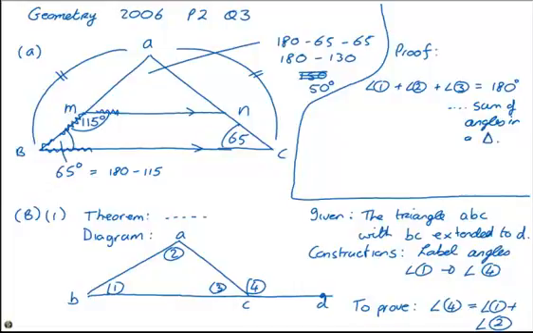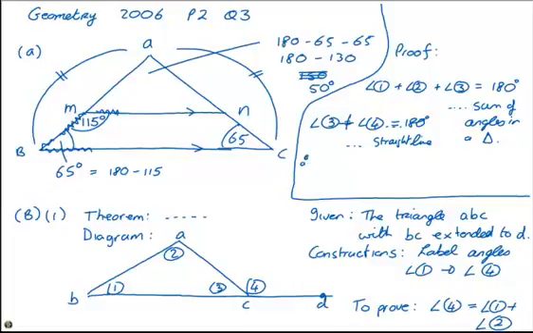Then you can say that angle 3 plus angle 4 is equal to 180. Don't forget your justification, straight line. Sorry, that's wrong. Again, your justification, straight line. So if they're both equal to 180, that means they're both equal to each other.